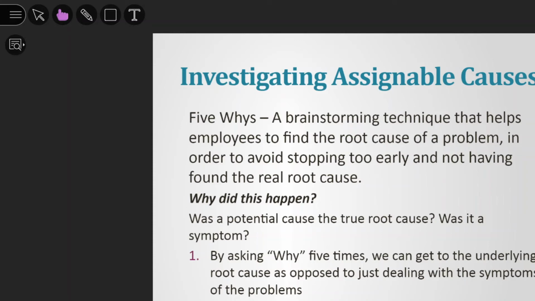Okay? So now, in real life, you may have multiple causes to your problem. And when that happens, you need another tool that will help you figure out which of the causes are more important and on which of the causes you have to focus to fix the problem.